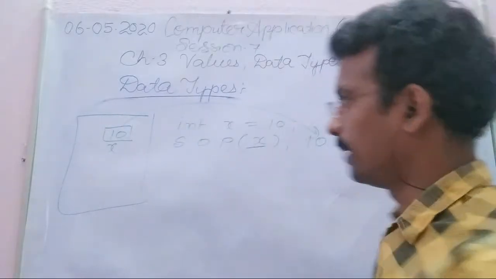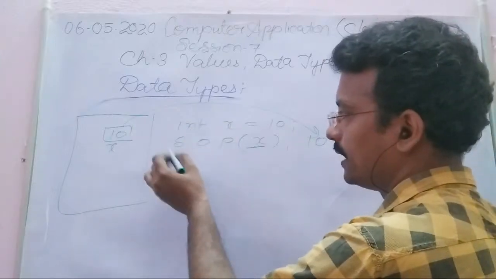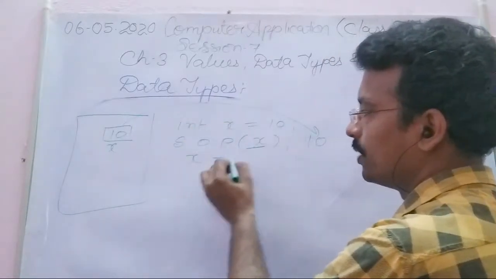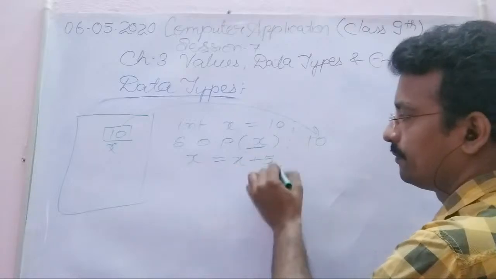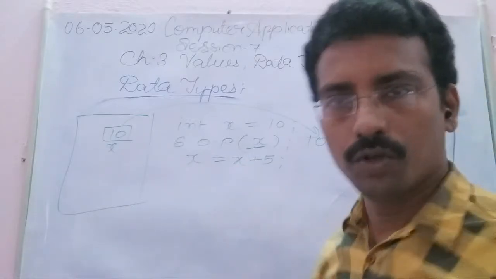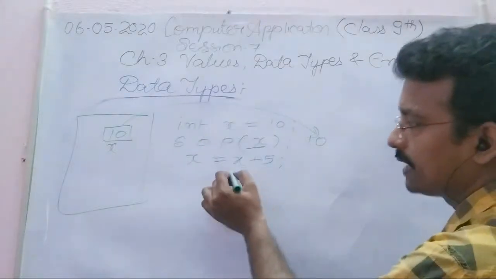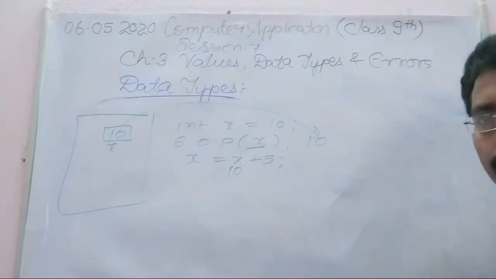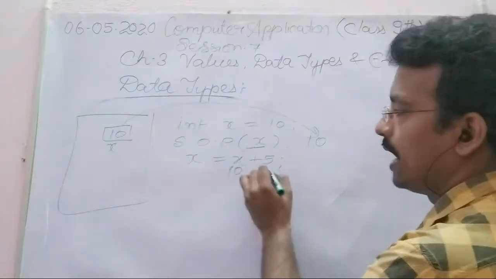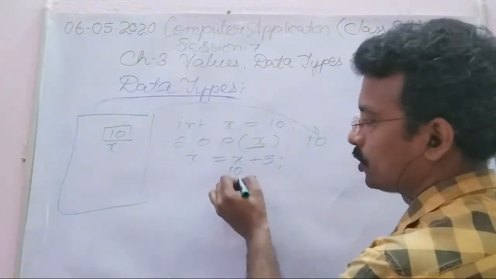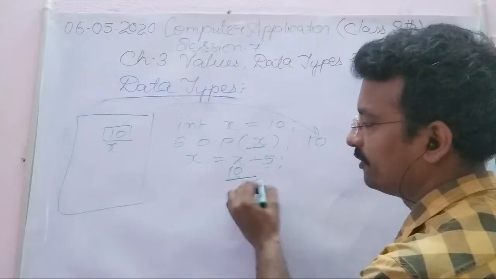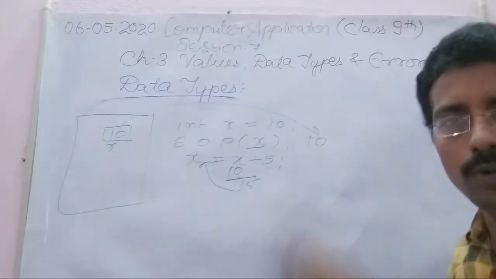Now see the next step. In the same program, we are writing x equal to x plus 5. Do you know what happens? The last value of x, that is 10, is called here, and it is given again to x. So 10 plus 5, it is 15, assigned to x. Do you know what happens?